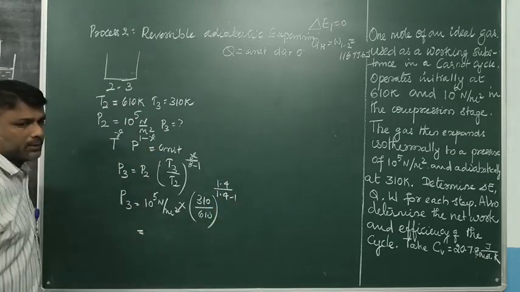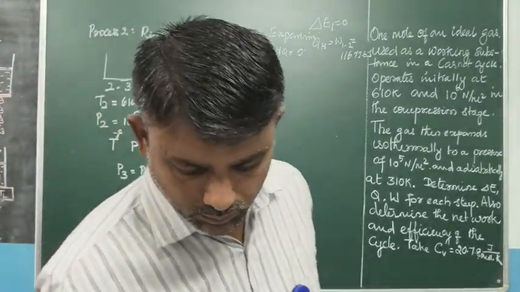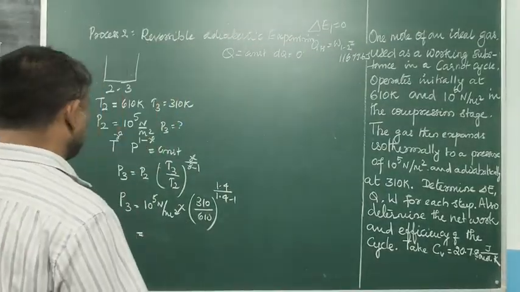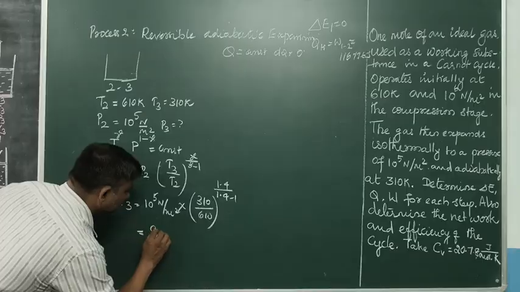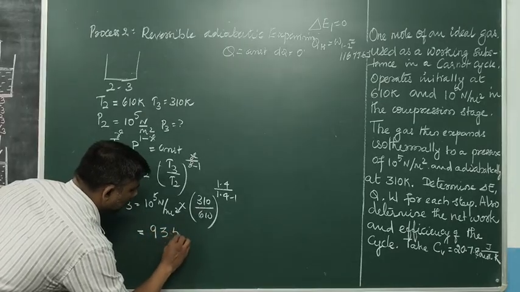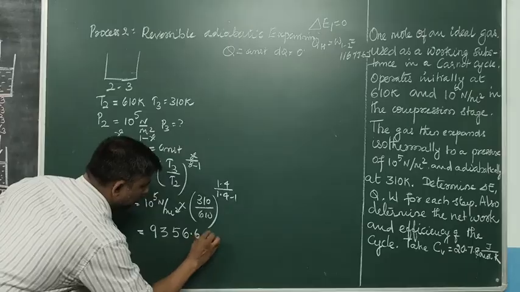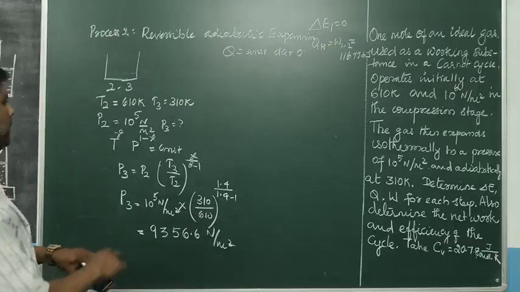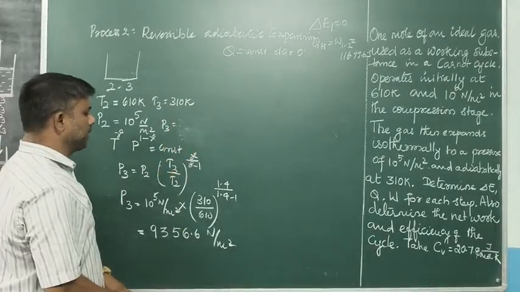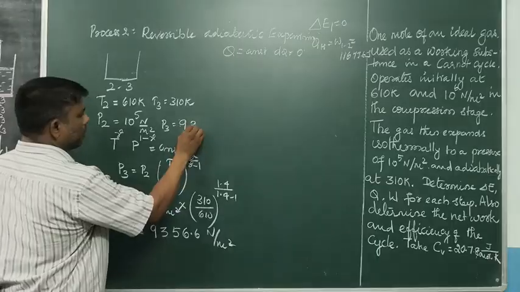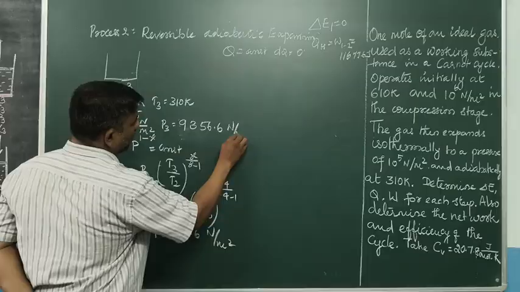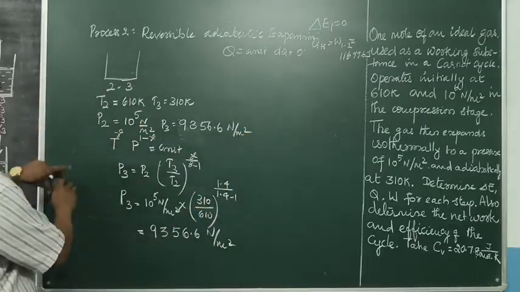The answer becomes 9,356.6 Newton per meter square. So the final pressure P3 was established using temperature pressure relationship: 9,356.6 Newton per meter square.